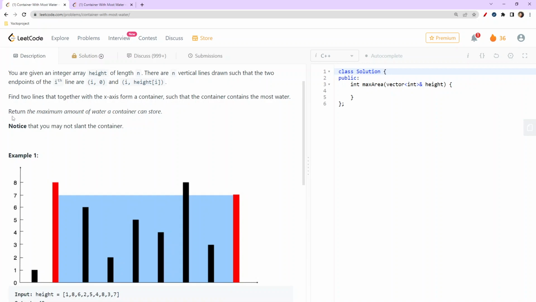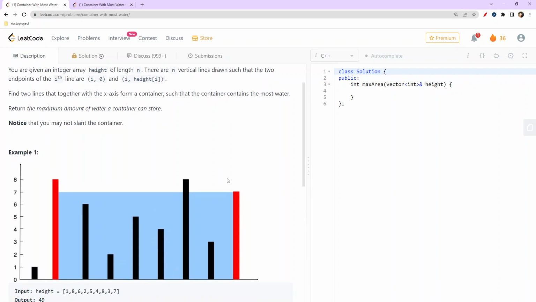At the end, what we need to do is return the maximum amount of water a container can store. In other words, we are required to find the maximum area which the water could cover.